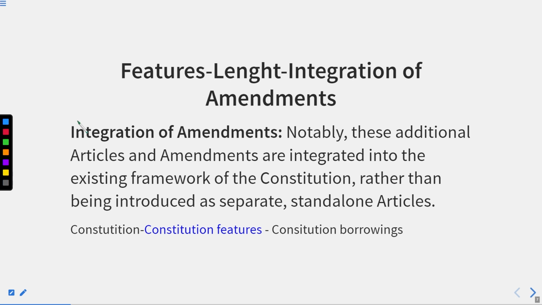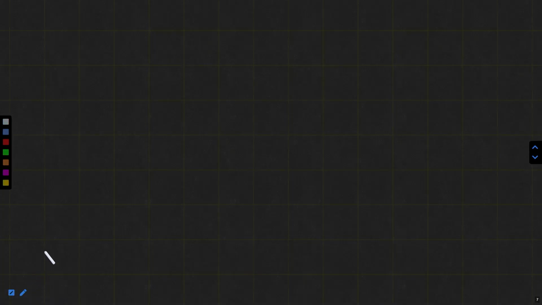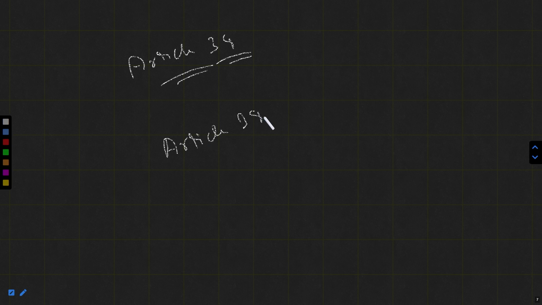Now, thereafter, we have the integration of amendments. What do you mean by this? Notably, these additional articles and amendments are integrated into the existing framework of the Constitution rather than being introduced as separate standalone articles. Like if you remember when we were discussing the DPSP, you encountered articles like Article 39, Article 39A.